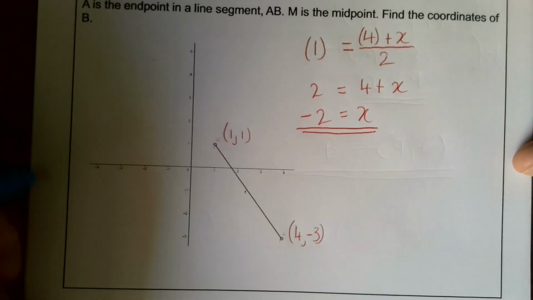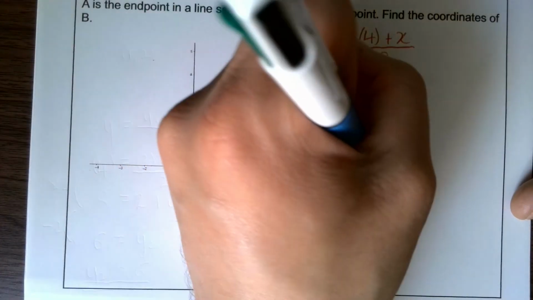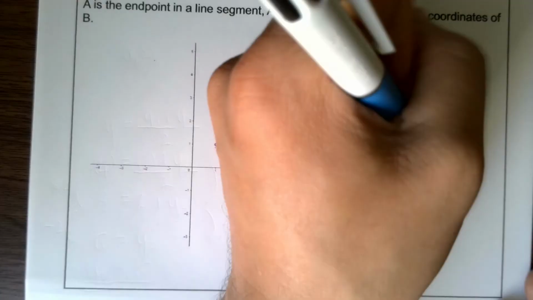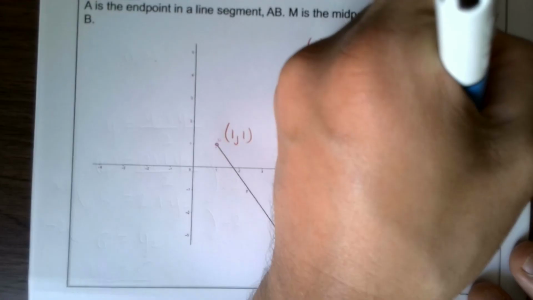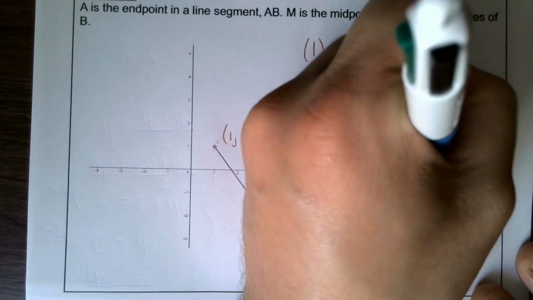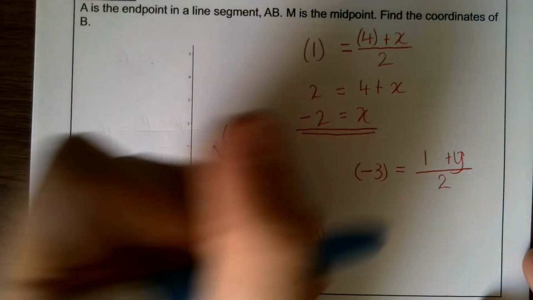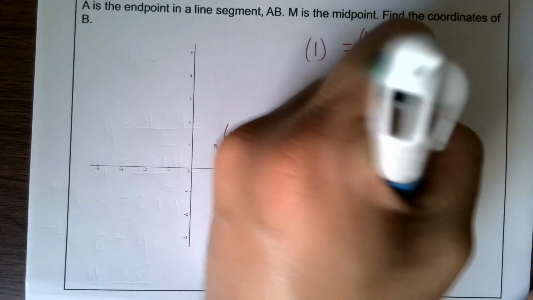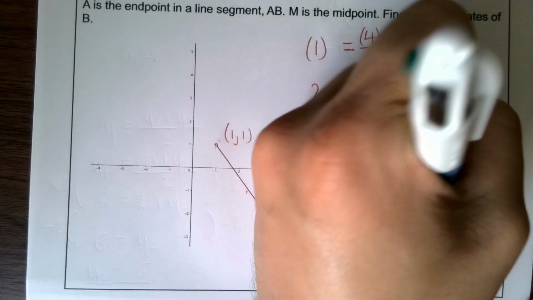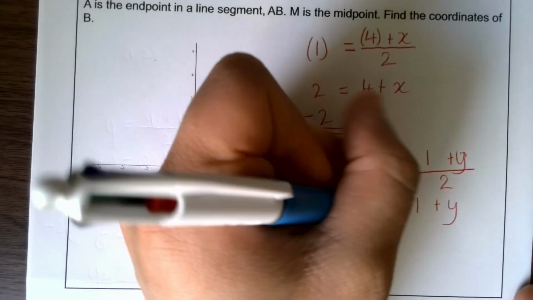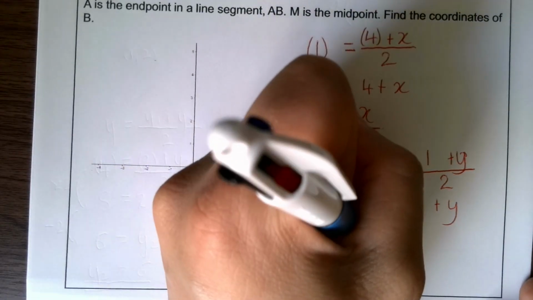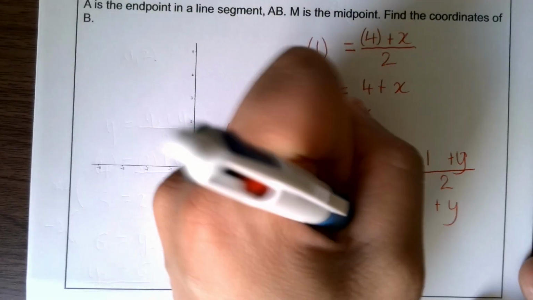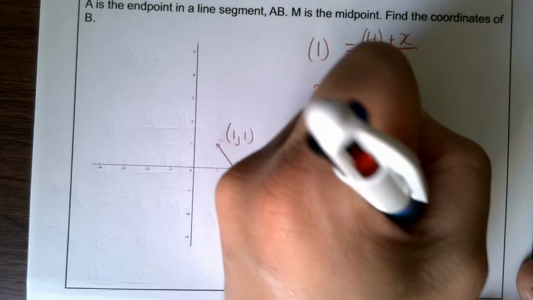And then last step, I'm going to say -3, which is the y coordinate of my midpoint, equals 1 plus y over 2. Multiply both sides by -2, I get -6 equals 1 plus y. Subtract 1 from both sides, I get -7 equals y.